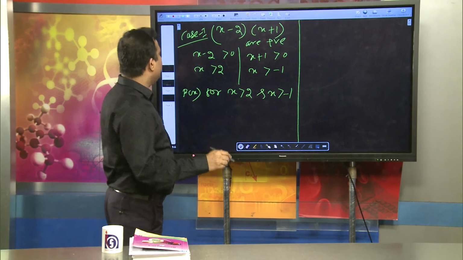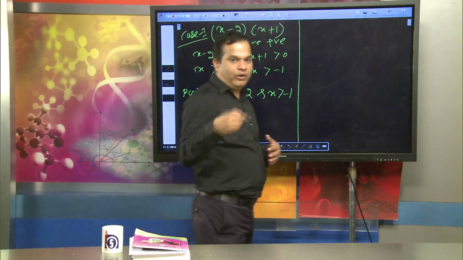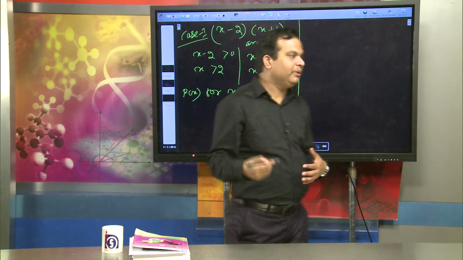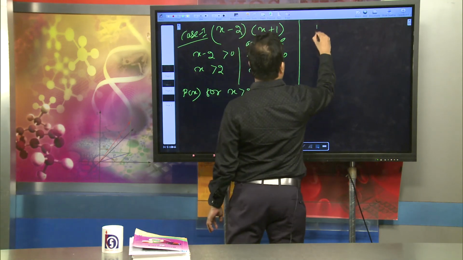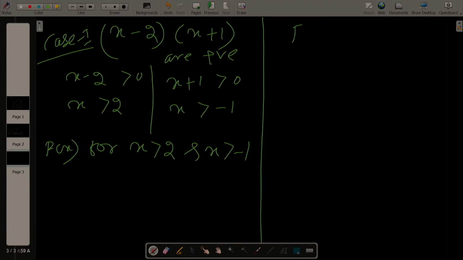Now we move to the function being decreasing. Decreasing means f dash x is less than 0.